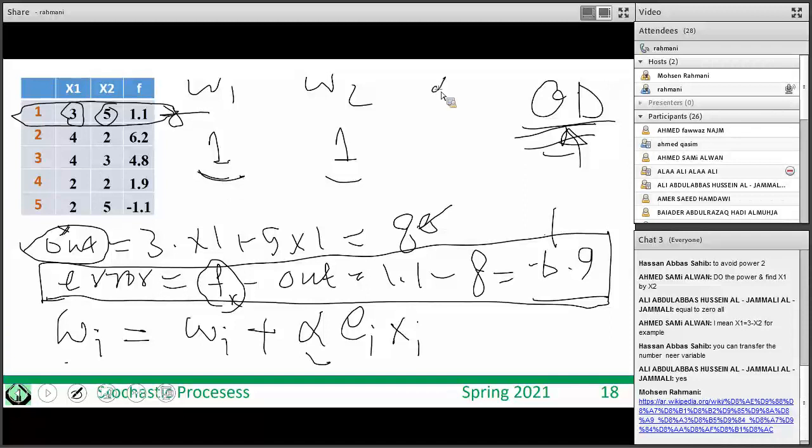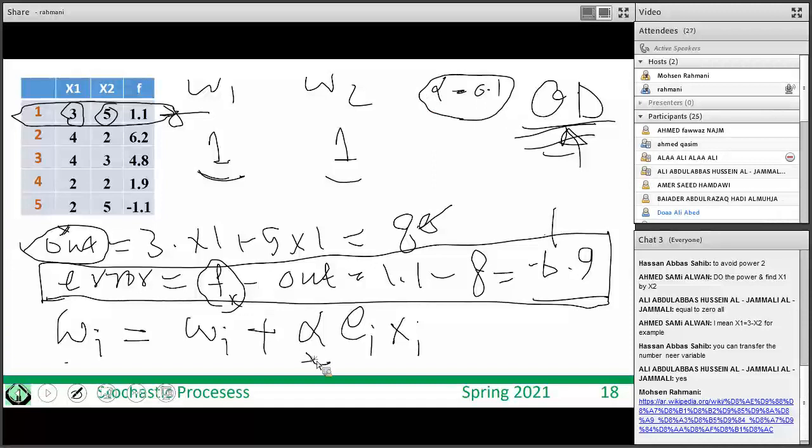Multiply alpha, which here we assume is 0.1, by Ei, which is minus 6.9, and Xi, where x1 is 3 and x2 is 5.